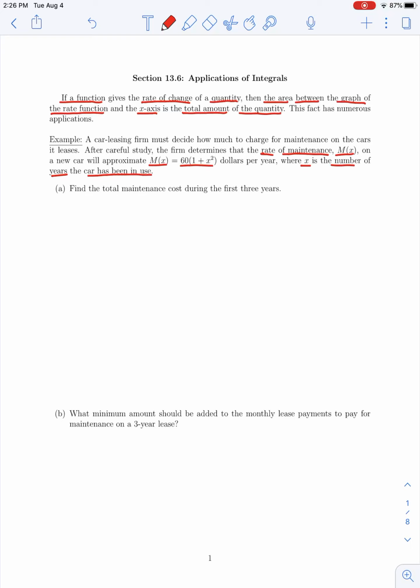So given this information, in part A we're asked to find the total maintenance cost during the first 3 years. In order to find this, we could look at the integral of our rate function, which was 60 times 1 plus x squared.